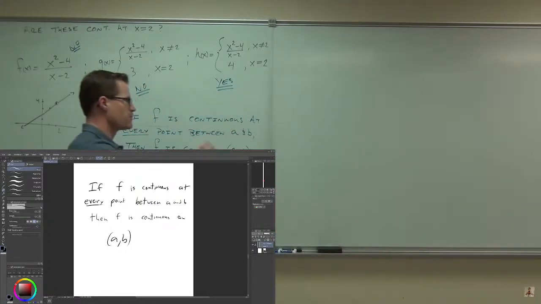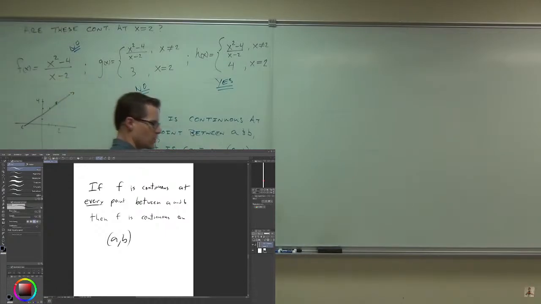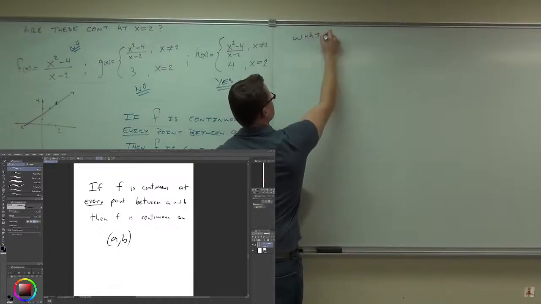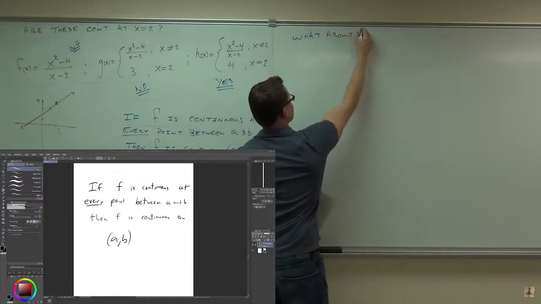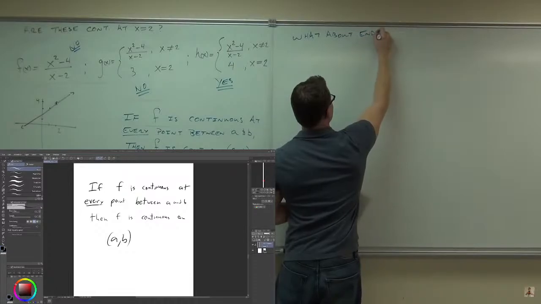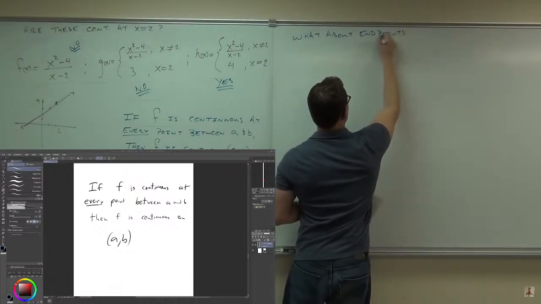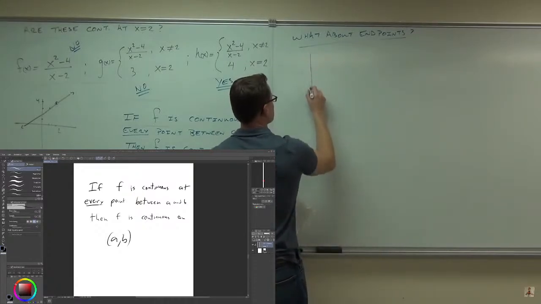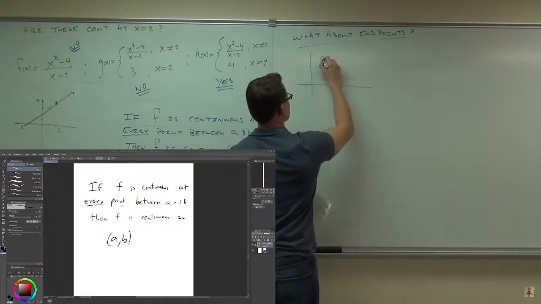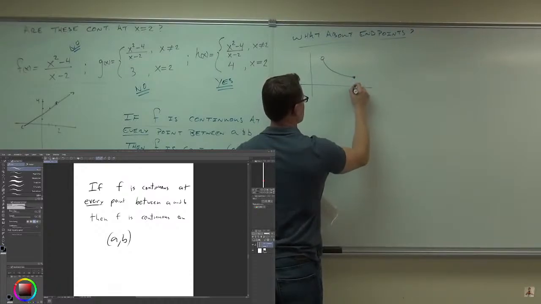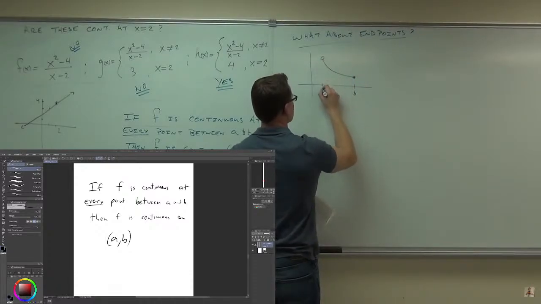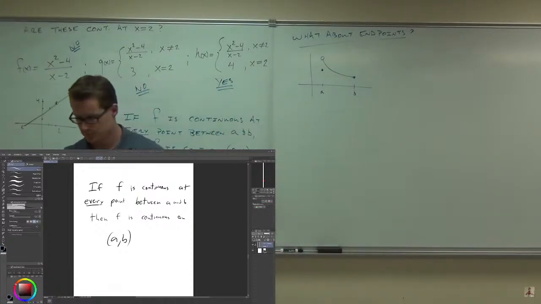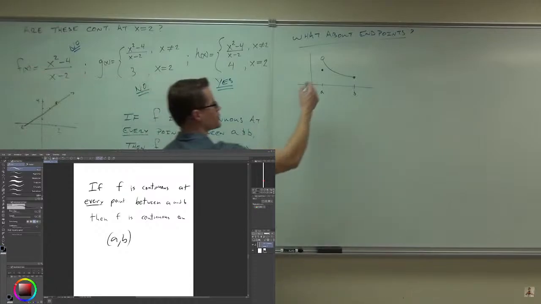So f is continuous at every point. We have f is continuous on the interval a, b. But what about the endpoints? And let's say this is our function path.